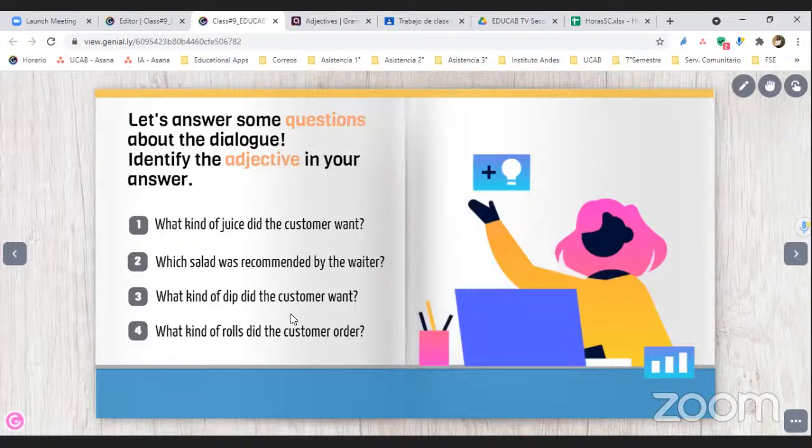What kind of dip did the customer want? What kind of dip did the customer want? Let's see, anyone can answer this question in the chat or maybe with your microphone.